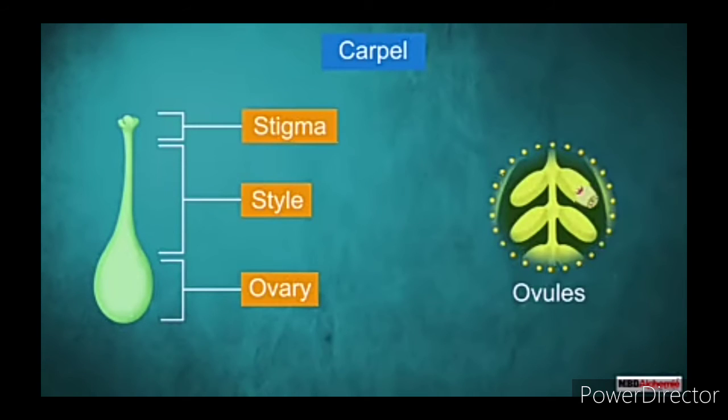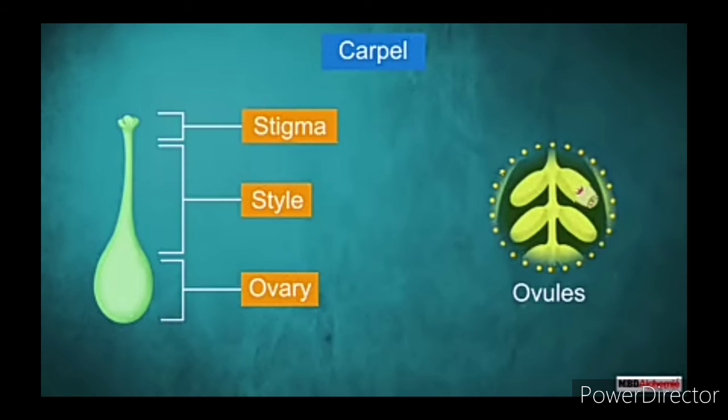The ovary consists of ovules. The word gynoecium represents the female reproductive part of the flower. Gynoecium means one or more carpels or pistils in the flower. The word pistil refers to the ovary, style and stigma. The pistil is derived from carpel.